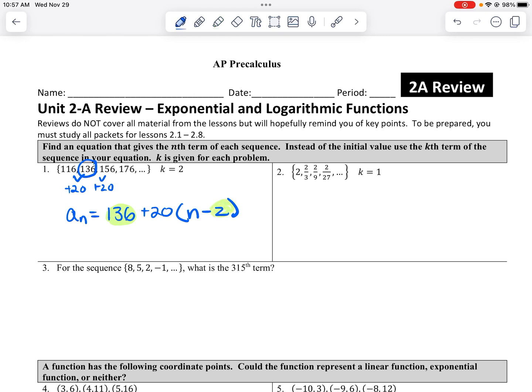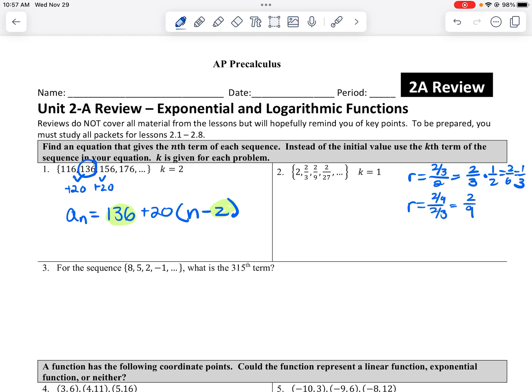So k equals 1. Well, what is our ratio here? Again, to find any ratio, take a term divided by the term before. So we keep the top one times, we flip the bottom one. So this would be 2 over 6 or 1 over 3. And I'm going to check to see if that's the same. So what's 2/9 divided by 2/3?